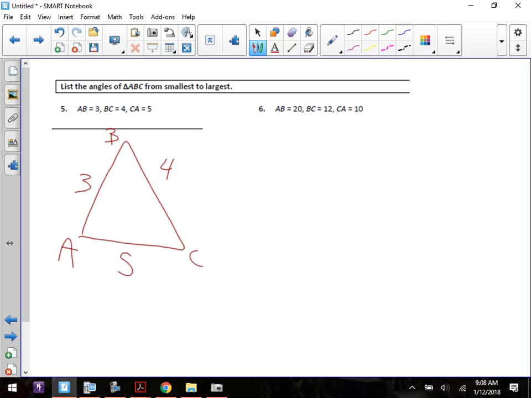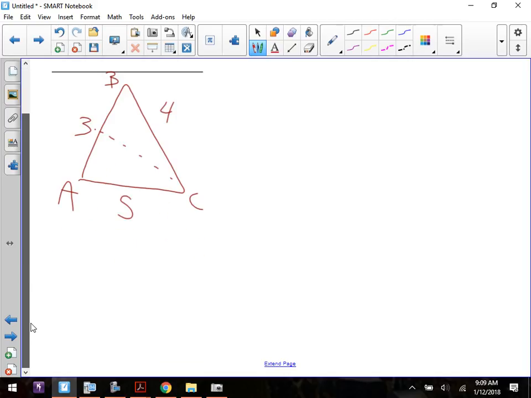Very good. Remember, the rule is that the smaller the side, the smaller the angle, and the larger side has the larger angle. So if I'm looking for the smallest, which one has the smallest side? It's 3, so that means C is the smallest. Then the next would be angle A.